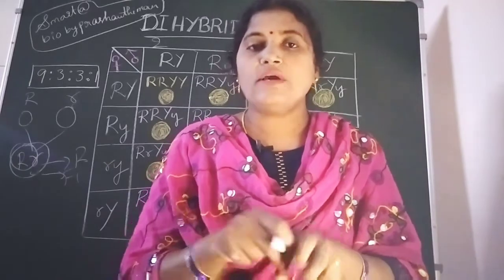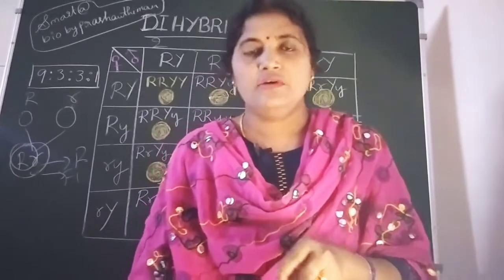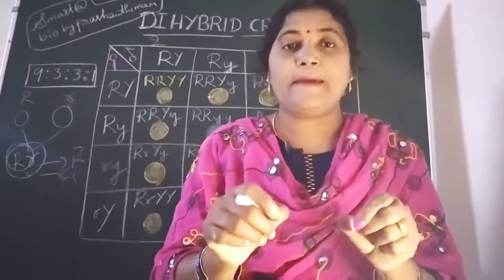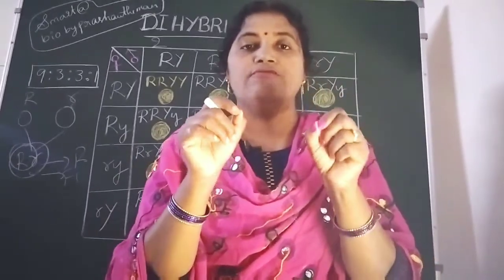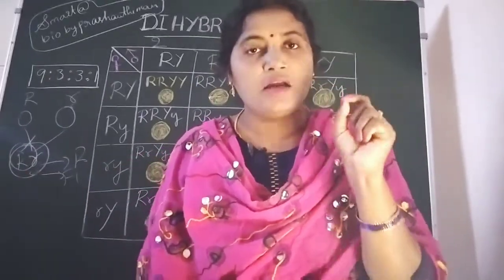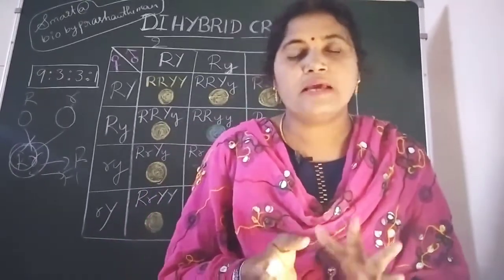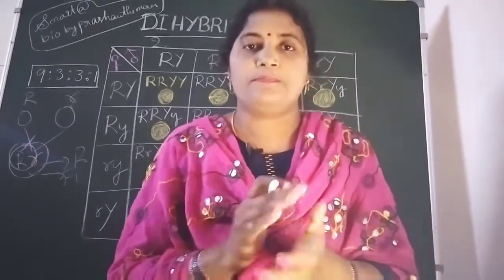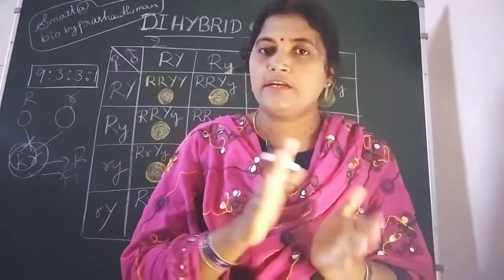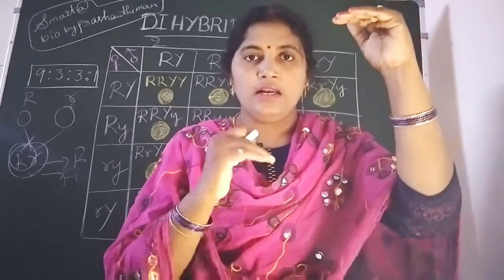So how can we determine the dominant and recessive character? By the presence of the capital letter or capital factor, such as capital R, capital Y or capital T. In the monohybrid cross, we took the height of the plant, with two characters, tall and dwarf.